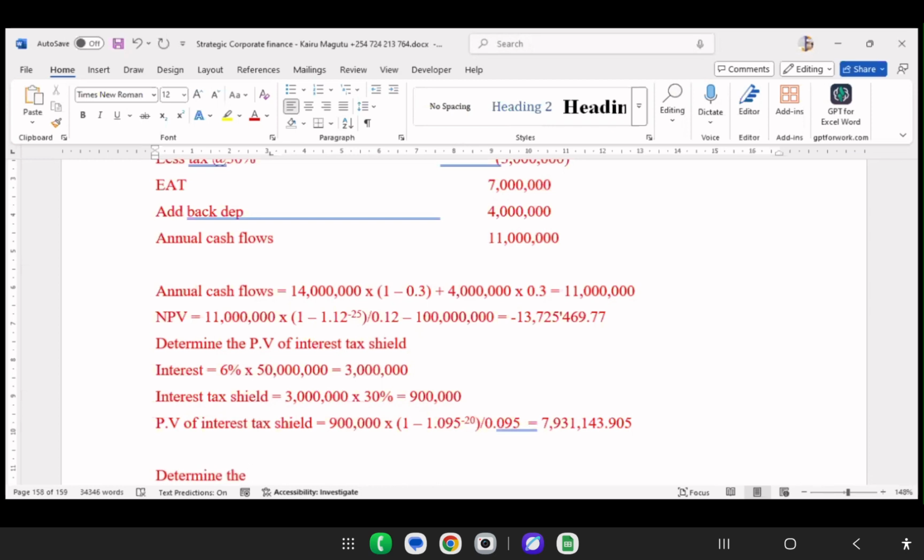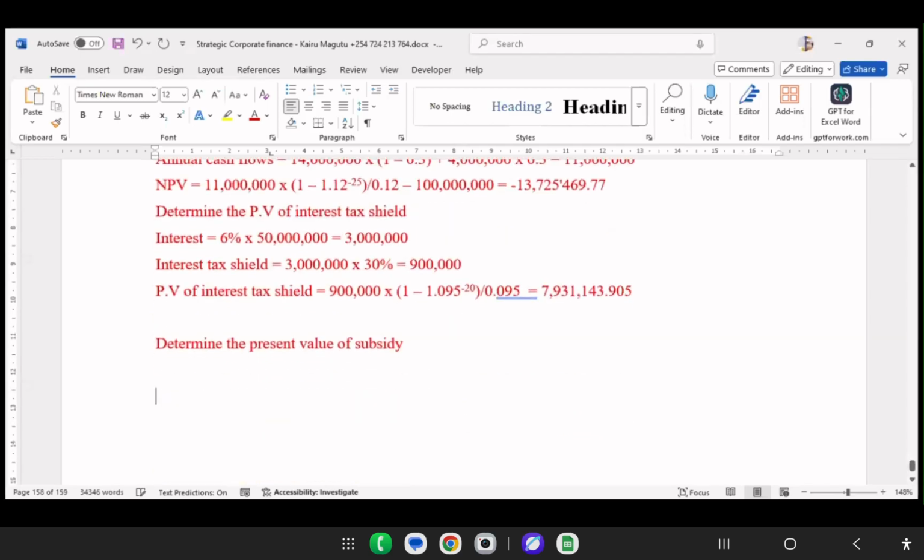Then determine the present value of the subsidy. The subsidy is equal to, the government is giving the loan at 6%, while the market is 9.5%.